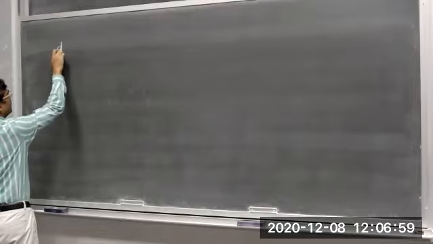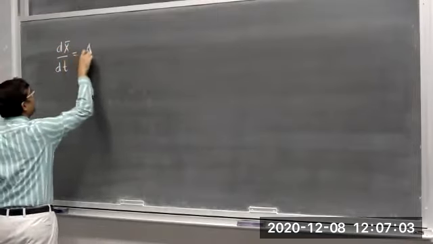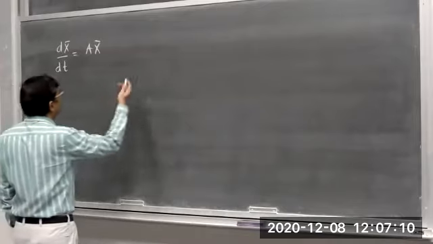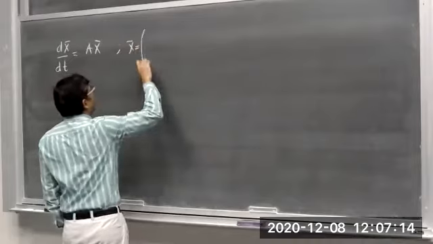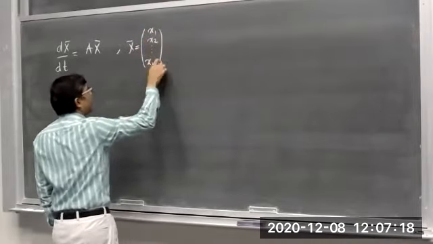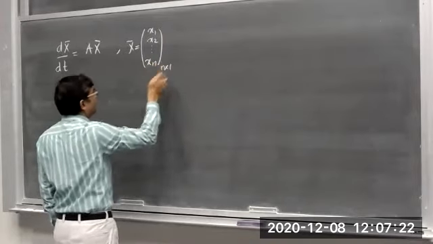It was dx/dt equals A times x, where x is a vector which contains all the unknown variables of that differential equation, x1, x2, and so on, xn. Remember that it is an n cross 1 vector.